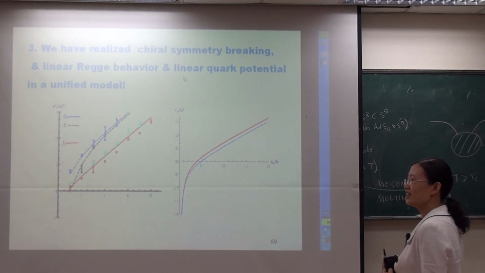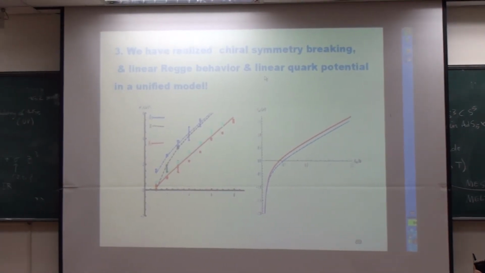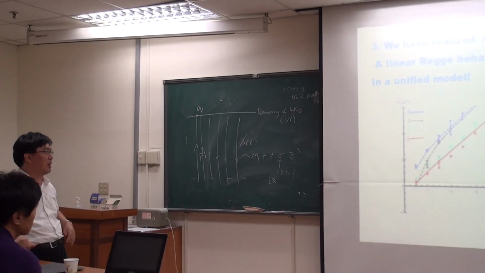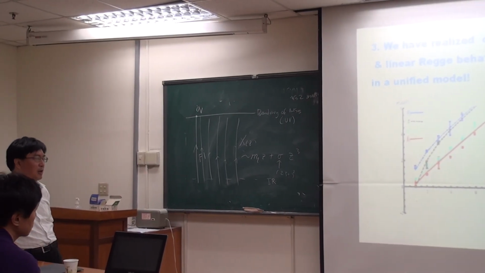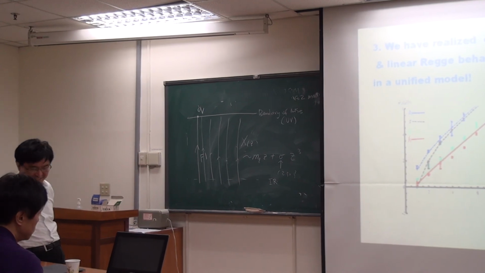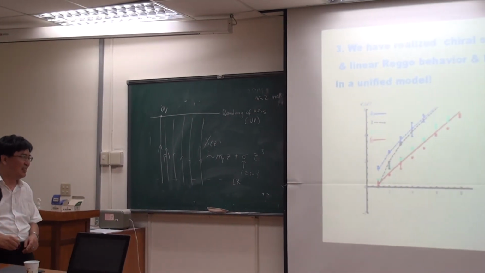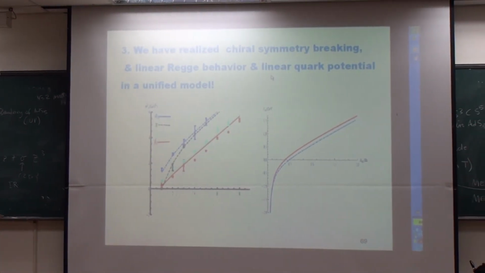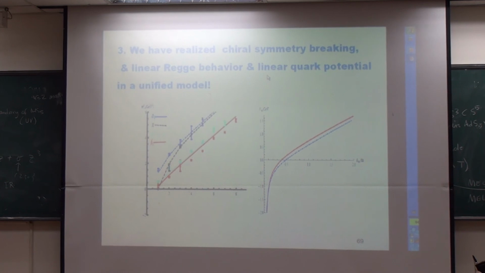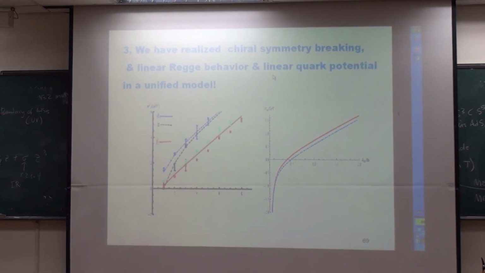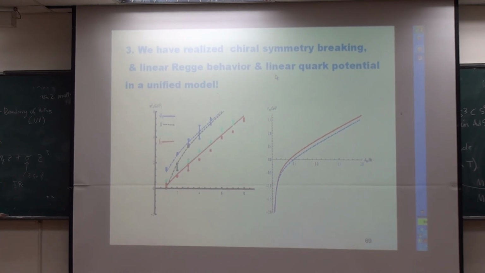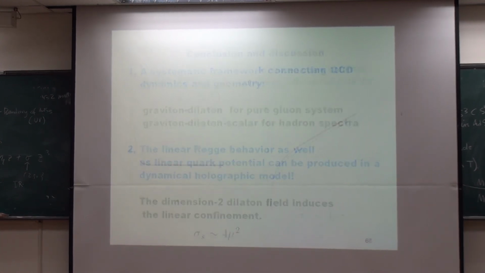right? Because here it's bottom up, so we don't really know how to start from the string side to come down. Yeah, that part I will never touch because it is out of my ability, because I think string people should work on that. But I like this picture very much, this RG flow picture.